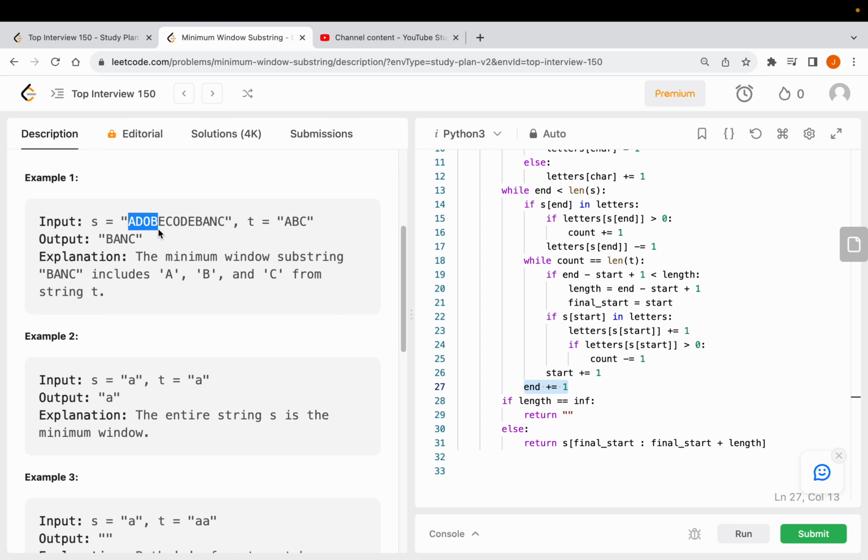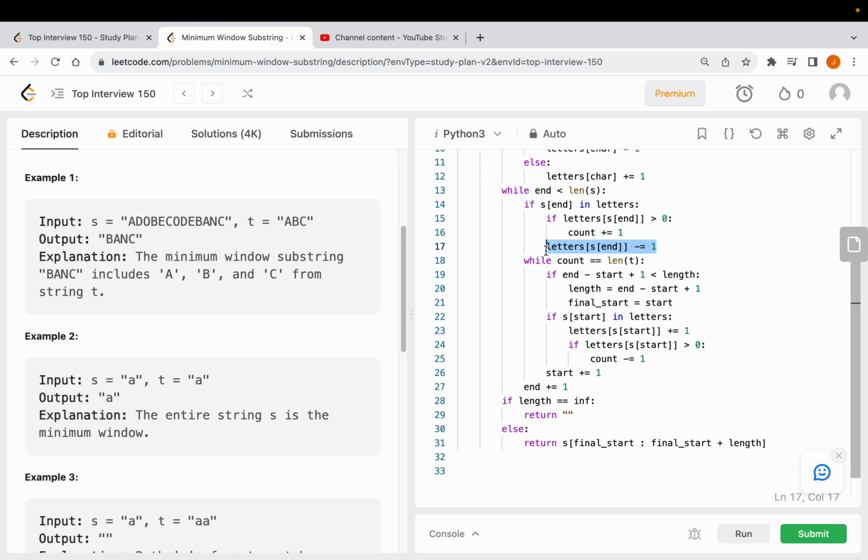Now we have A, D, O, B, E. E is not in there, so increment. Now we have A, D, O, B, E, C. C is in the letters dictionary, we needed 1C, and count is now 3. Good.